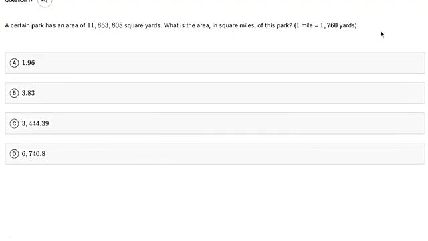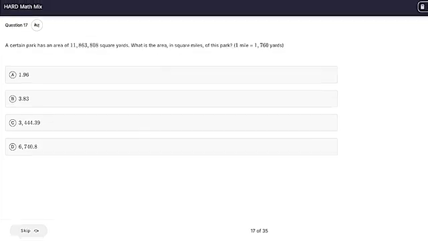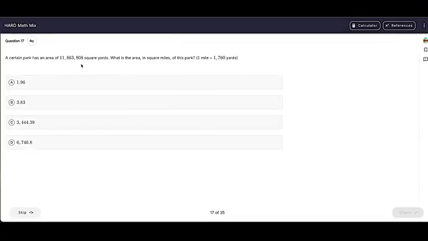Okay, pause the video, try it on your own first. So this one looks pretty straightforward, and in some ways it is, but what makes it hard? I think it's going to be the fact that we have square yards, but the conversion they give us is not square miles and square yards.